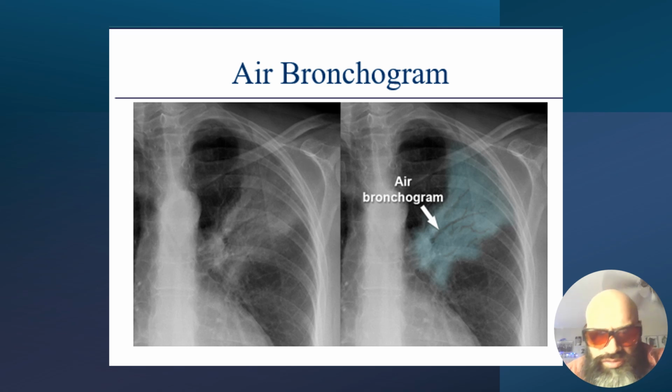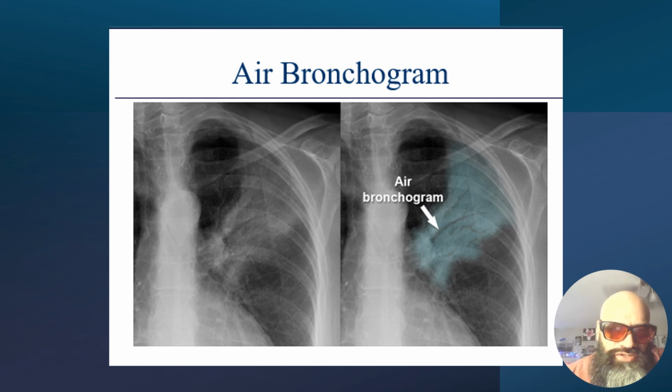So, continuing with the theme of things we should and should not be seeing, there's a particular sign called an air bronchogram sign. Okay, so we've been discussing this already. The bronchi should not be visible on a normal chest X-ray. There's air within them and air around them.